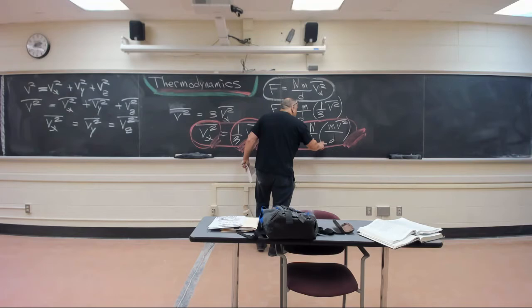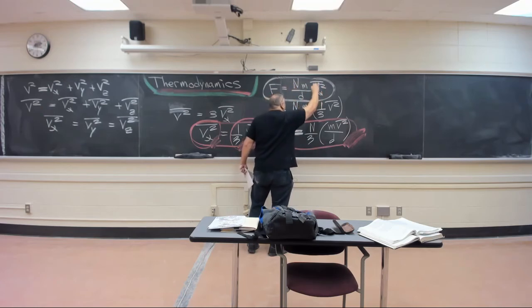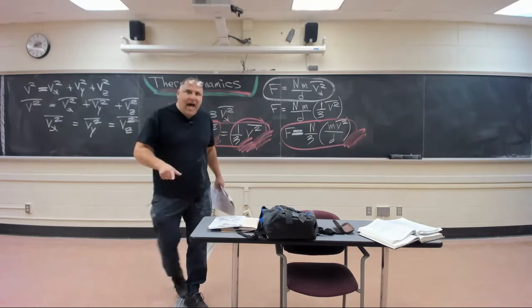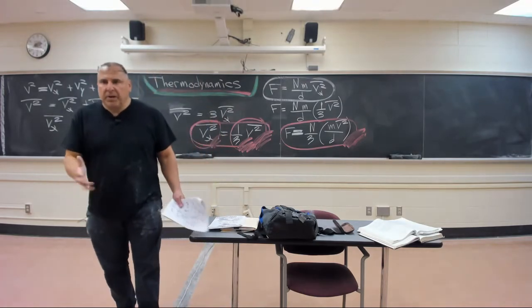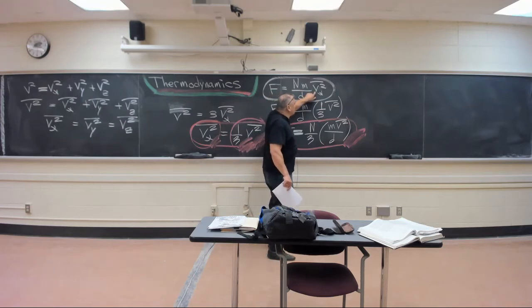That's this interpretation. This one says all of them have an x component, which is on average 1/3 as big as the total. And all of them are going to go back and forth in the x direction. It's going to be a bigger number. No, because this is 1/3 the size of the big one.